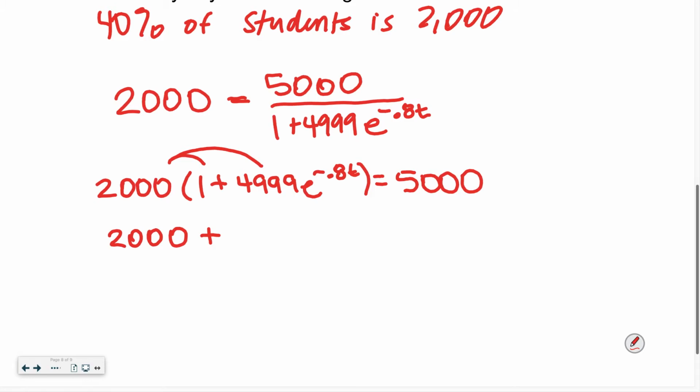Somebody help me out with that multiplication. The 2,000 times 4,999. Oh, okay. 9,998.